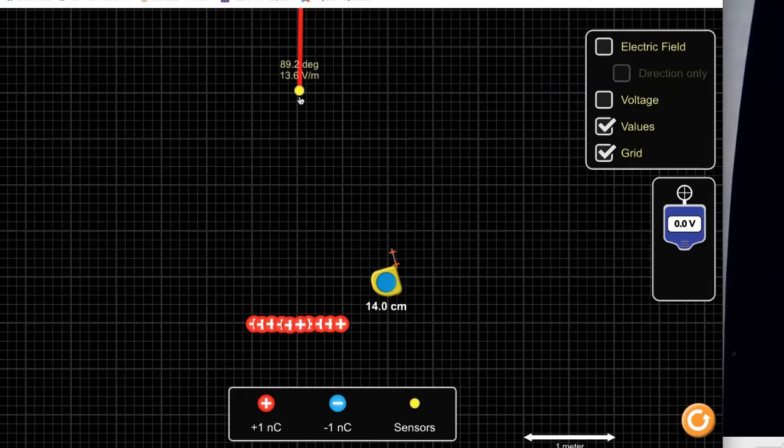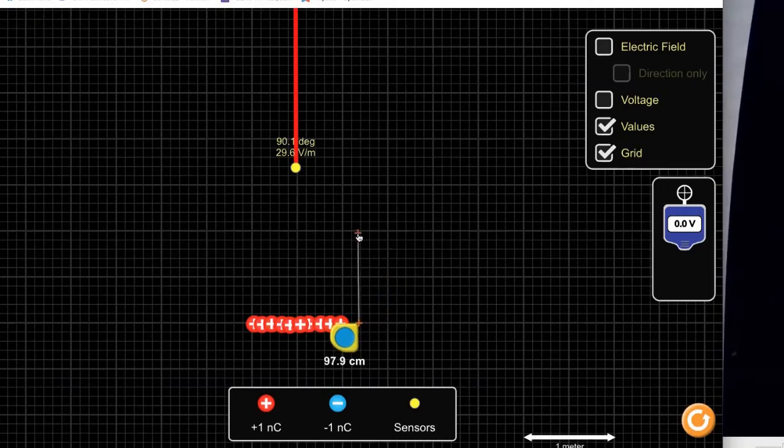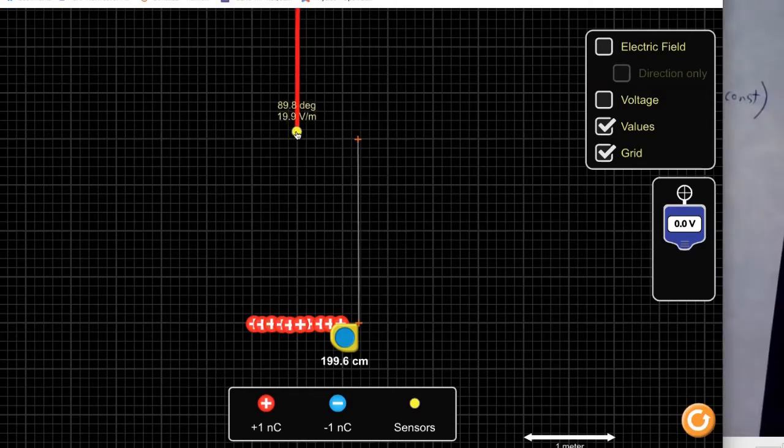Okay, so 2 meters would be 1, 2. So you go like that, 2, 2.1, 2.2, 2.3. Okay, 2.2. Yeah, 2.2.